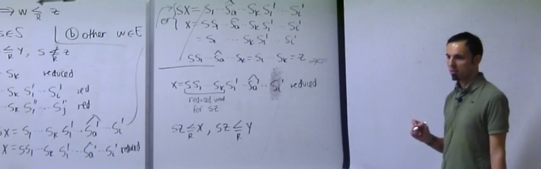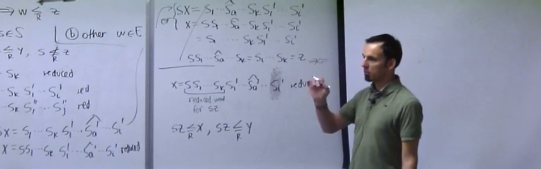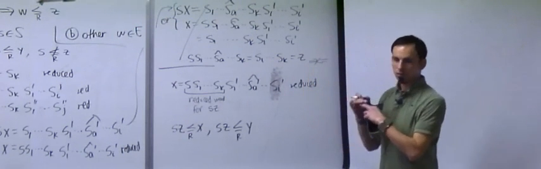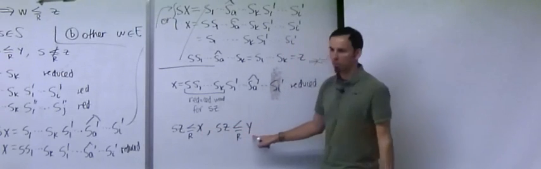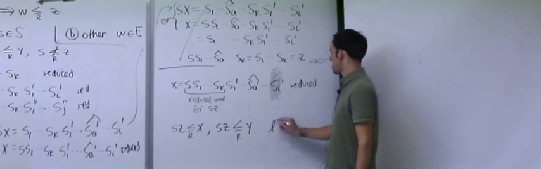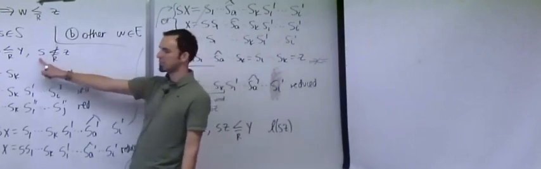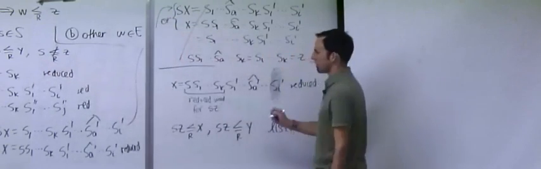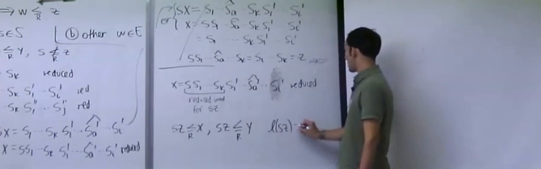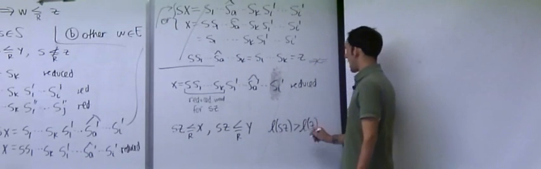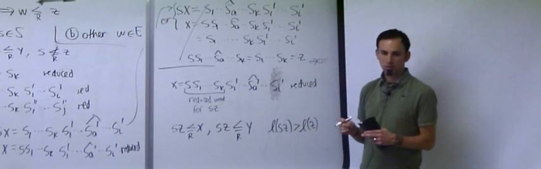Now, why is this a problem? This is a problem because I said that z was the longest lower bound of x and y, but here I found a lower bound for x and y, which is longer. Why is it longer? Because z can't start with s. I mean, a reduced word for z cannot start with s, and so that means that this is a longer word, and this contradicts the choice of z as the greatest lower bound.